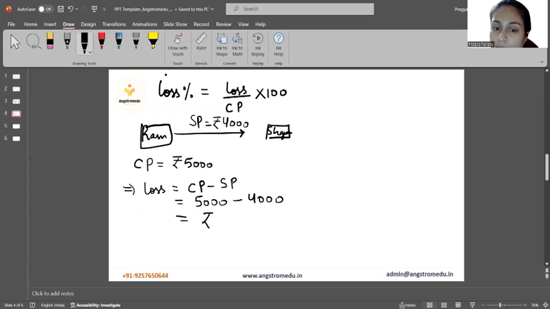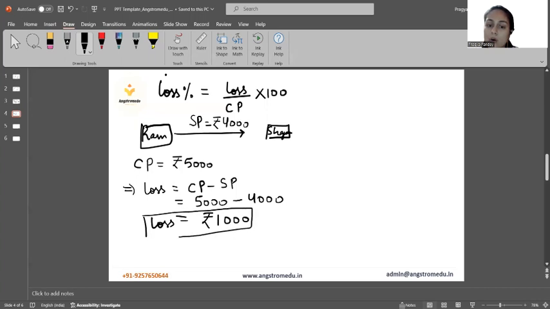Now, loss will be 1,000. This is our loss.